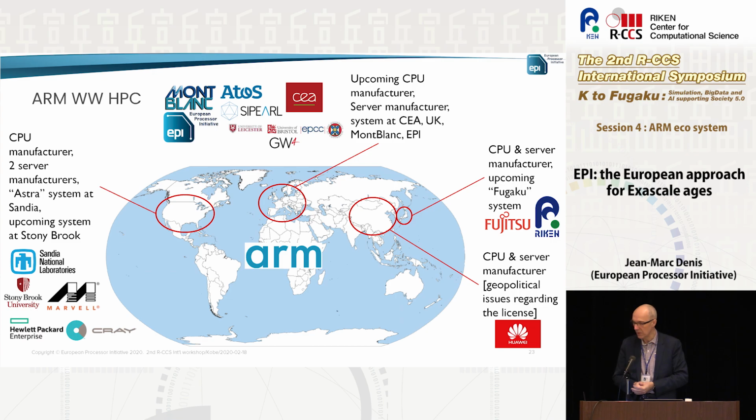We're also starting very interesting efforts in China, but because of the embargo from the US, it's a bit problematic. But anyway, we see that ARM is becoming dominant in terms of momentum and progression at the worldwide level.